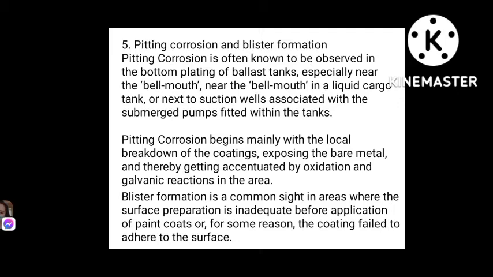Blister formation is a common sight in the areas where the surface preparation is inadequate before application of paint coats, or for some reasons the coating failed to adhere to the surface.